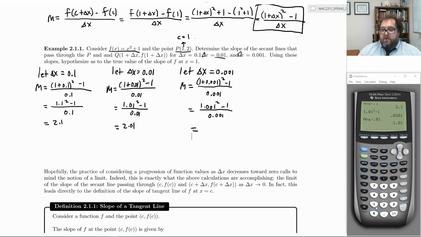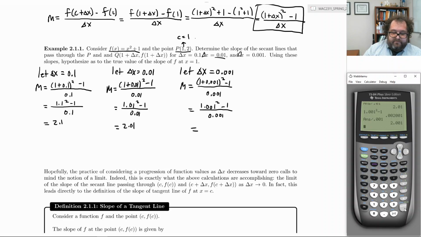Okay, so 1.001. Oh, I did that again. That is not a square. Let's just start at 1.001 squared minus 1, enter, divided by 0.001. 2.001.